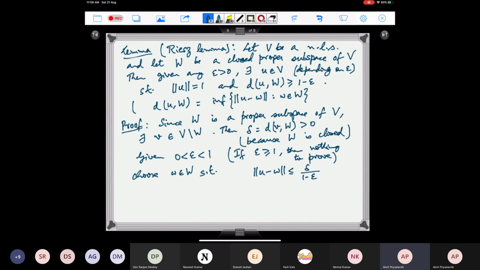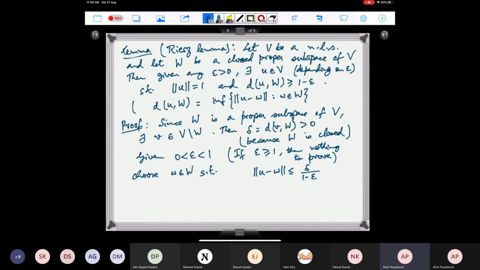Right, delta is the infimum of norm v minus w, where w is in capital W. Delta by 1 minus epsilon is strictly bigger than delta.